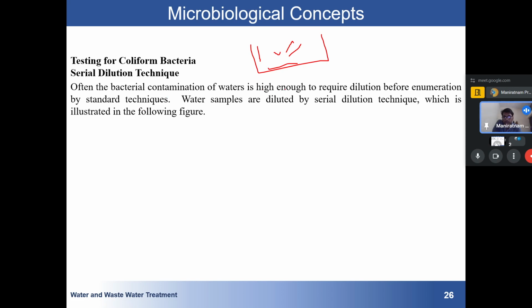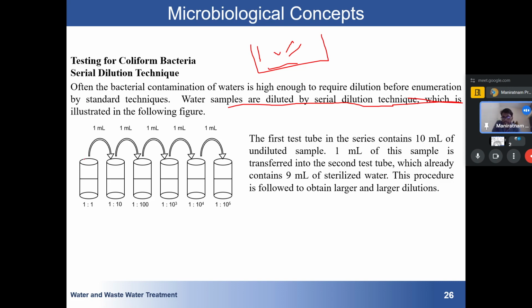Often the bacterial contamination in water is enough to require dilution before enumeration by standard techniques. There are several standard techniques. Water samples are diluted by the serial dilution technique, which is illustrated in the following figure.